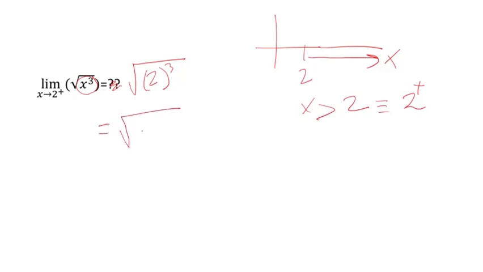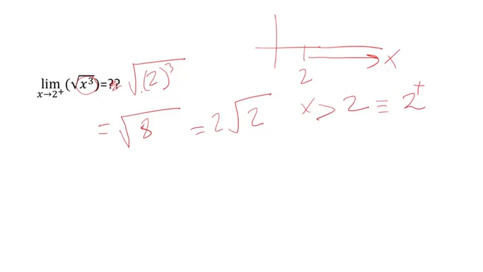In other words, square root of 8, or if you don't like that, you can write 2 square root of 2, because 8 is 2 times 4. Square root of 4 is 2, and you end up with 2 square root of 2.